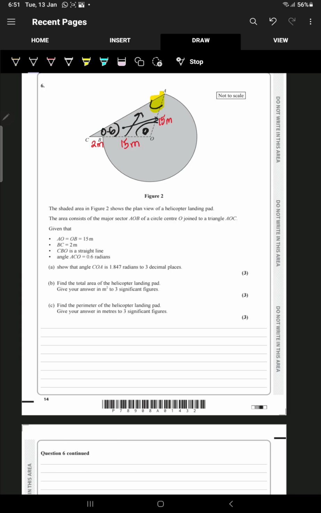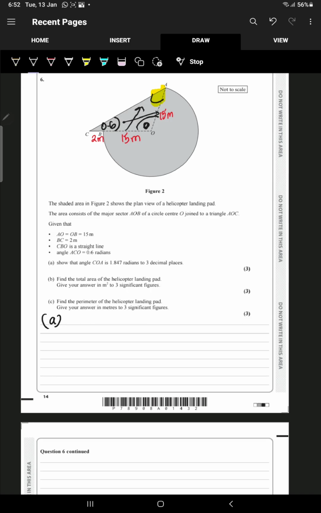So that's why we are considering the sine rule first, and then using the property that the angles add up to 180, and then subtracting 0.6 and this angle which we find from the sine rule.